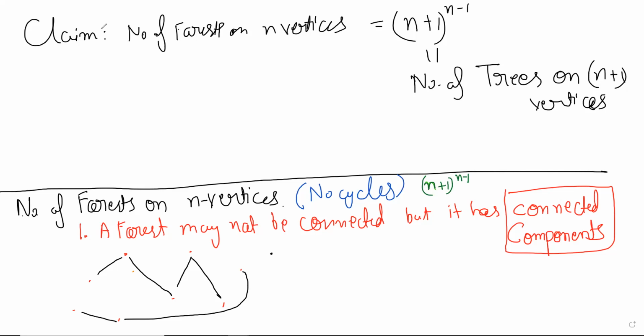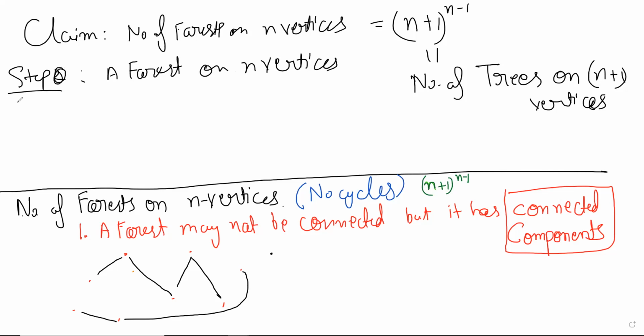So step 0, a forest on n vertices. Step 1, add a vertex, label it n plus 1. Now what do we do next?